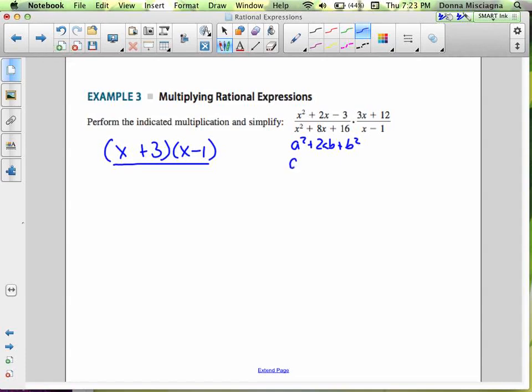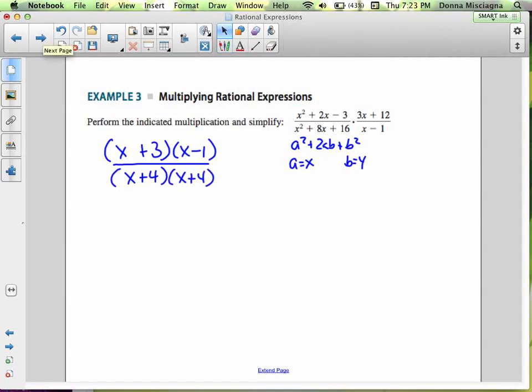You can see that a here is x, and b here is 4, right? And 2 times 4 times x would give you 8x. So this is just going to factor to x plus 4 times x plus 4. Here, I'll move this down.